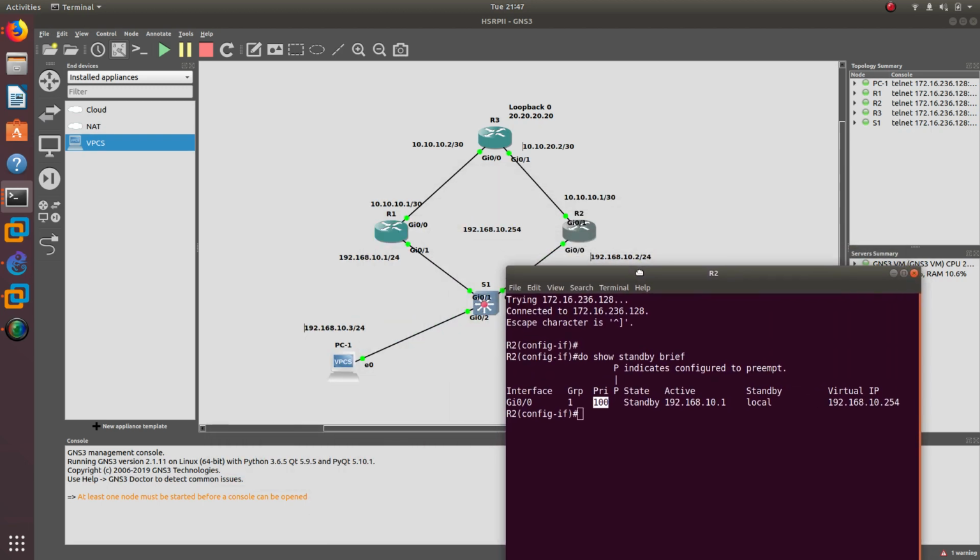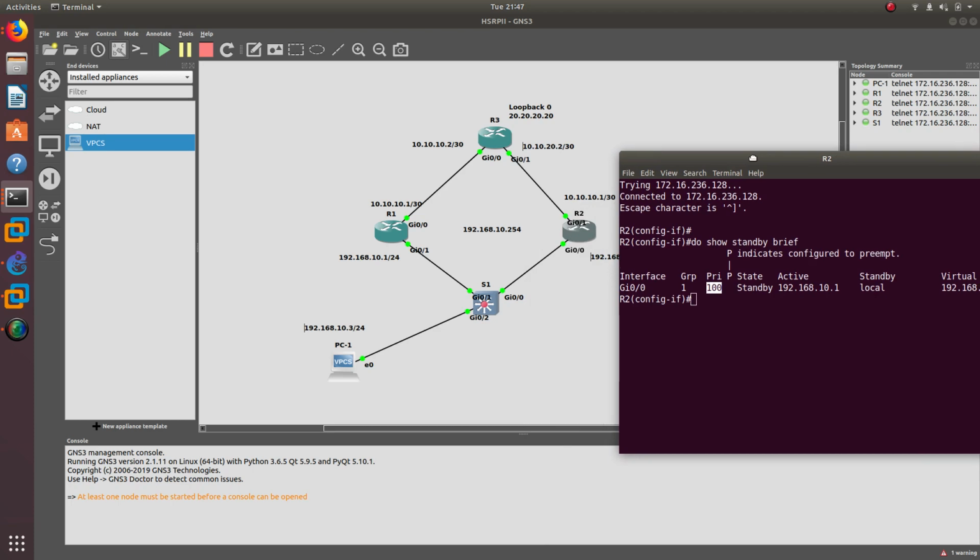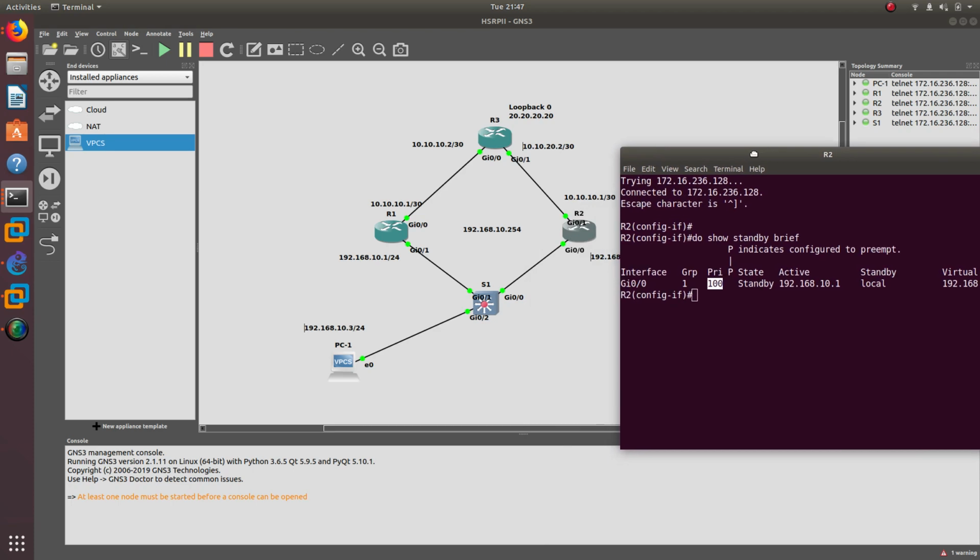This is router 2, right? Router 1 and router 2 have the same priority, which is 100, but since router 1 has the highest interface, router 1 became the active router. Okay, so that's how it works.